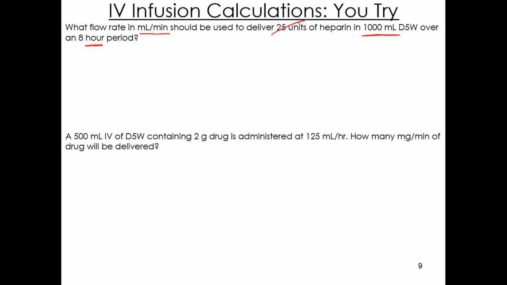We don't need the 25 units in this problem. So that's something particularly to watch for in infusion calculations, is sometimes there's extra information you don't need. So really we have the 1,000 mils. We just need to know how many minutes. And so we have to convert the 8 hours into minutes.